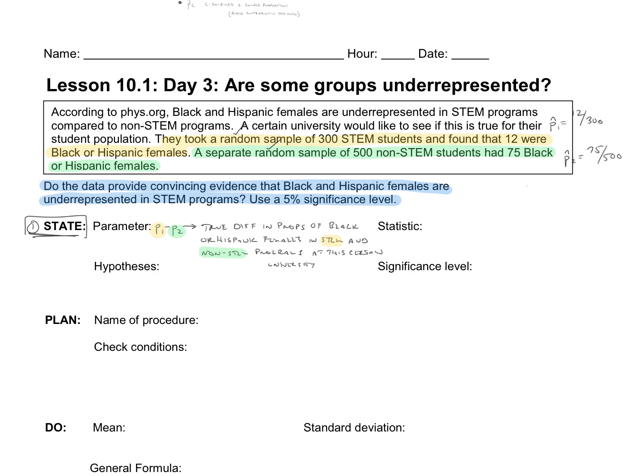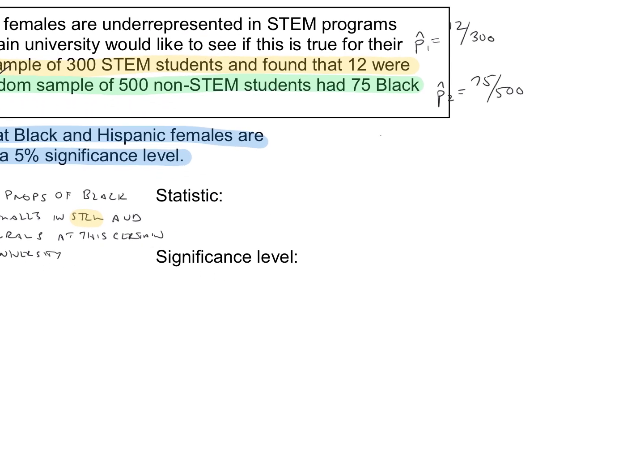This is going to be a perfect example of looking at what happens when we have a negative statistic, and that's why I'm going to phrase it that way. Our statistic is P hat sub 1 minus P hat sub 2.